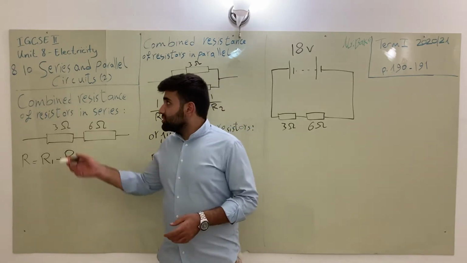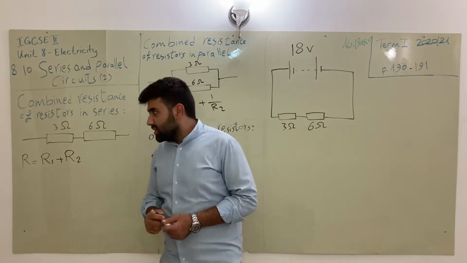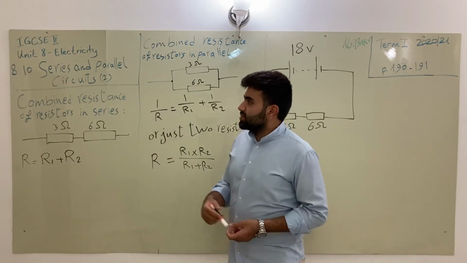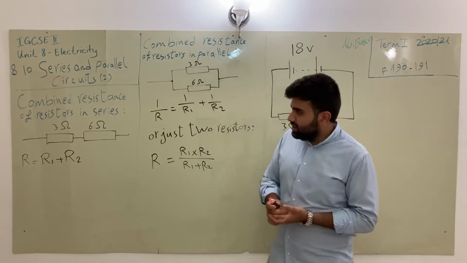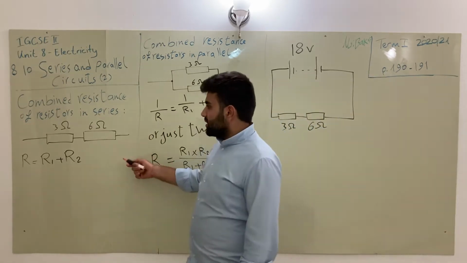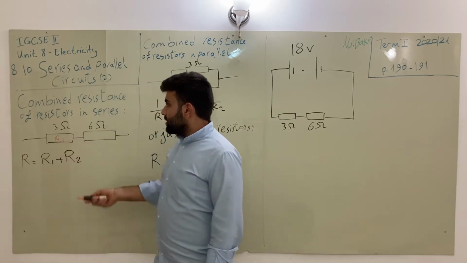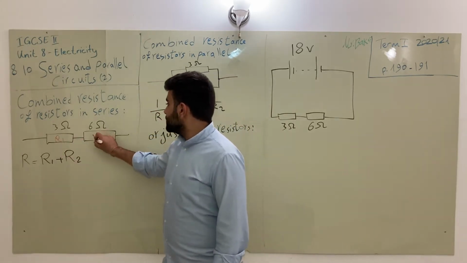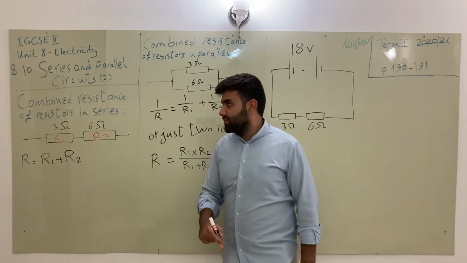So we're going to continue with 8.10, series and parallel circuits. First thing we're going to talk about is combined resistance of resistors in series. For example, here R1 is 3 ohm and R2 is 6 ohm.